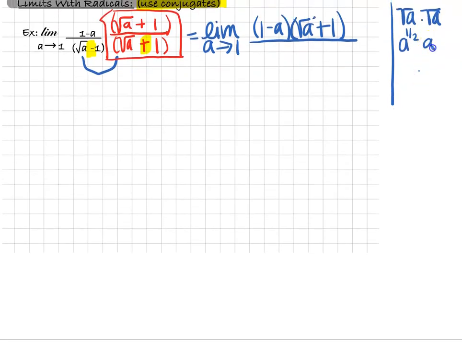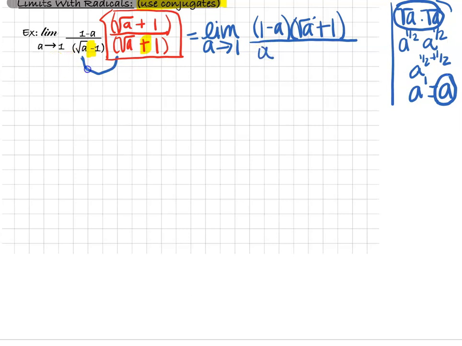And then if I rewrite this one as a fractional exponent, this would be 1/2. If you remember from Algebra 1 days, when you multiply the same bases, you add the exponents. So it would give me a to the first. We write that as an a. So essentially those radicals cancel each other, and I'm just going to get a on bottom.